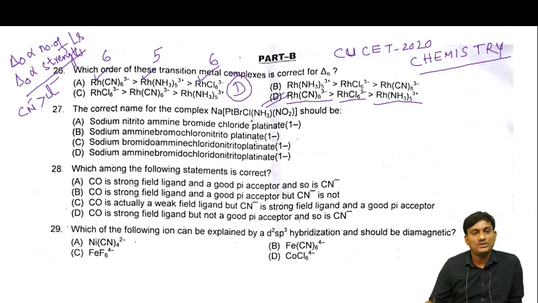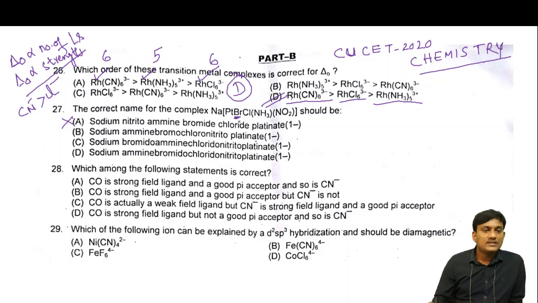This is very important. So in this case, sodium nitritoamine, this is not in alphabetical order, wrong. Sodium amine bromo, not bromo. When halogens are anions, if you take bromine, it will be bromido, chlorine chlorido, fluorine fluorido.